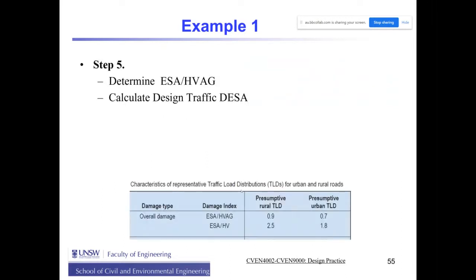Since we don't have any survey result, again, we can use the presumptive value. For the overall damage of the pavement, for rural area, the damage index is 0.9. So you can simply calculate the design equivalent standard axle as multiplication of the damage index by NDT.